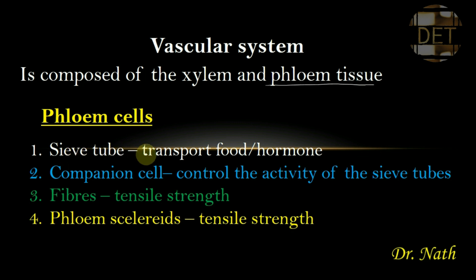The function of the sieve tube is to transport food and hormone, basically from the leaves or any green part of the plant to other parts of the plant where they are needed.